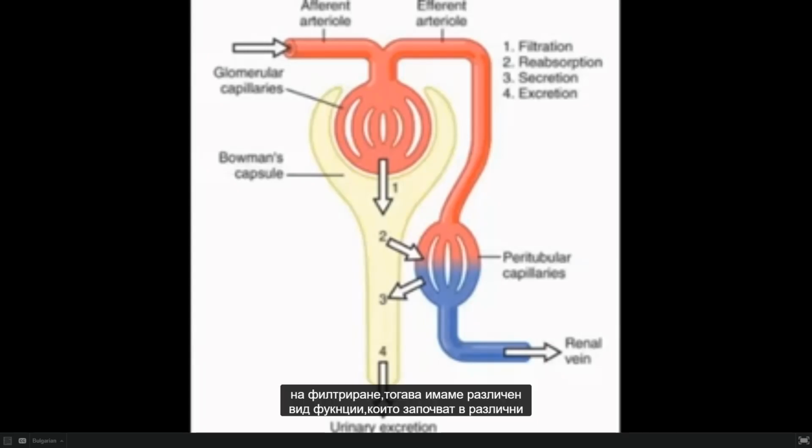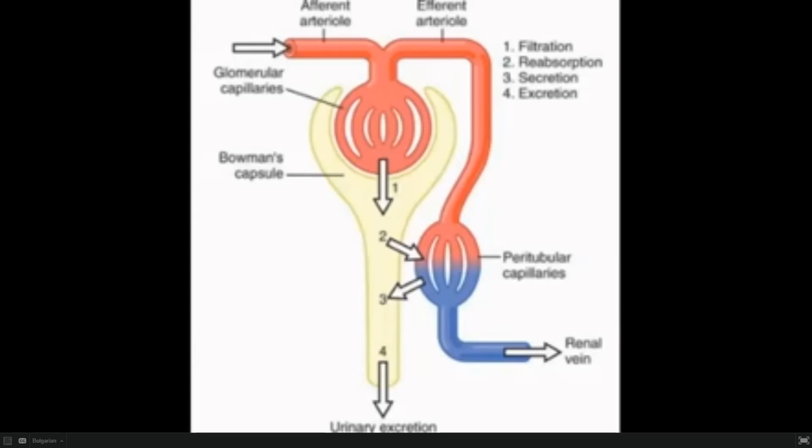Then we have different kinds of functions that start in different parts of the nephrons. This is the reabsorption, secretion, and excretion. We have reabsorption when the particles come from the tubules back to the blood flow.